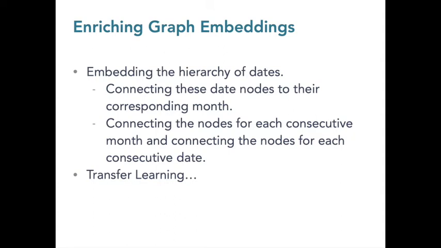We connect, first of all, the date nodes that appear in our data set to their corresponding month nodes, and we connect the month nodes to their corresponding year nodes, and as a result, the graph is hierarchical based on date information. We also connect the nodes for each consecutive month, as we showed earlier, and we connect the nodes for each consecutive date as well. We also use a transfer learning inspired approach.